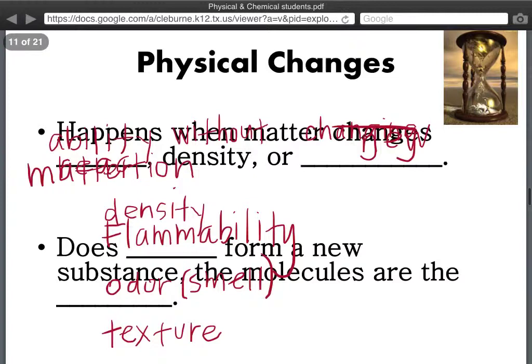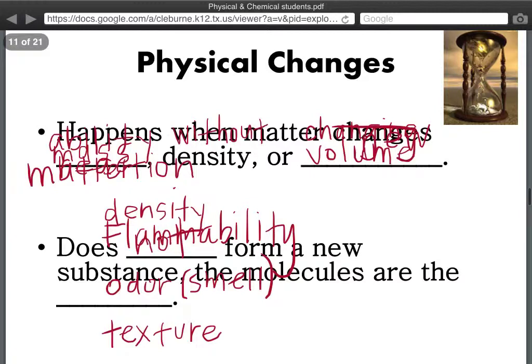Physical changes. Now we're in physical changes, actually changing. This happens when matter changes mass, density, or volume. When you change those things, you have physical changes. Physical changes do not form a new substance.